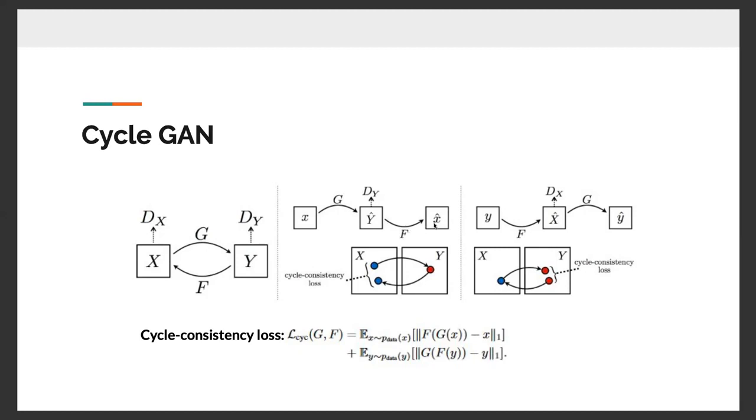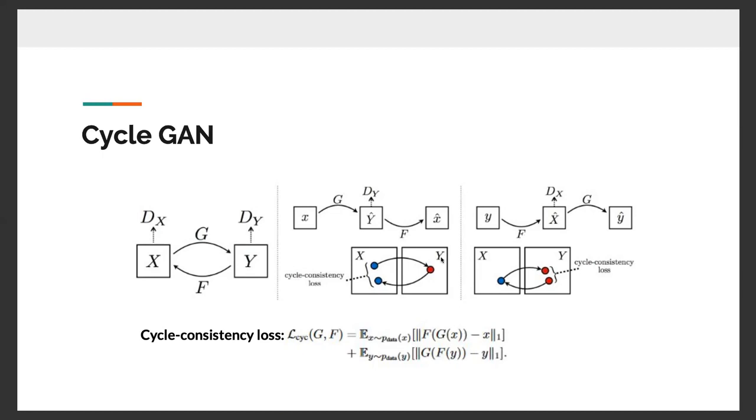After we get the generated synthetic X, there is going to be a consistency loss between the original input X and the generated X. If the two generators are ideal, the generated X should be very close to the original input image. So this is the first consistency loss.